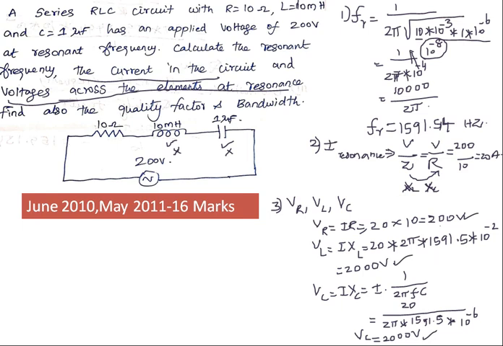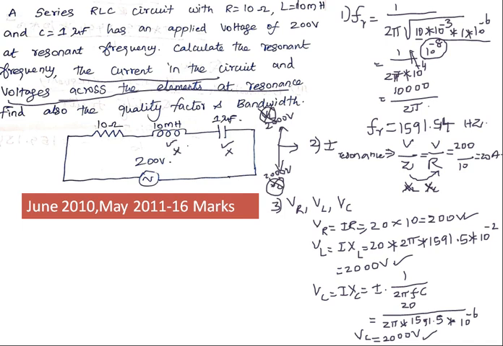Now if you add these voltages, we already discussed the phasor diagram. This is the effect of resistance, the effect of inductance, and the effect of capacitance. Here the potential is 2000 volt, and here also the potential is 2000 volt. This is the capacitive effect and this is the inductive effect. Both have the same magnitude, hence the effect is cancelled.